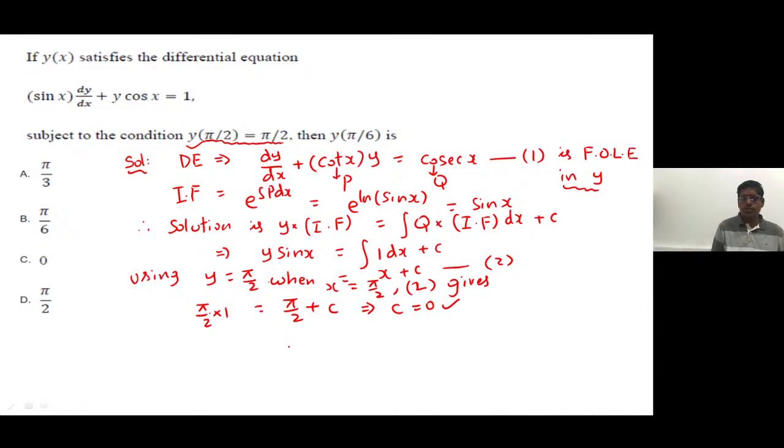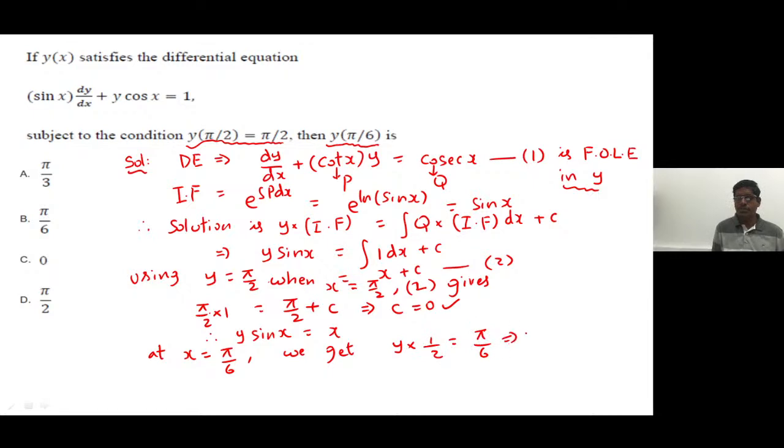So go back to the solution, that is equation 2. Therefore y sin x is equal to x. But they are asking the value of y at x equal to pi by 6. So at x is equal to pi by 6, we get, in the above solution put x as pi by 6, y into sin 30 degrees, which is 1 by 2, is equal to x, pi by 6.